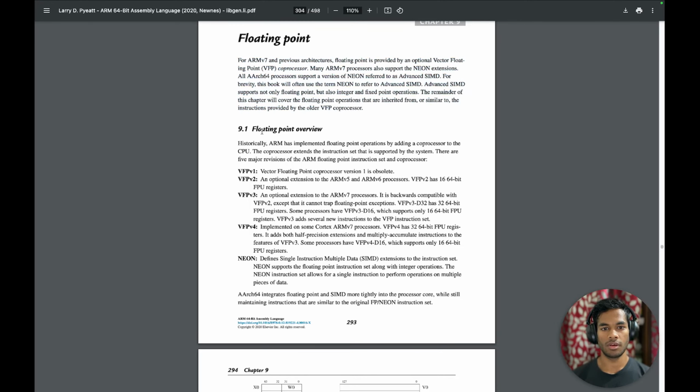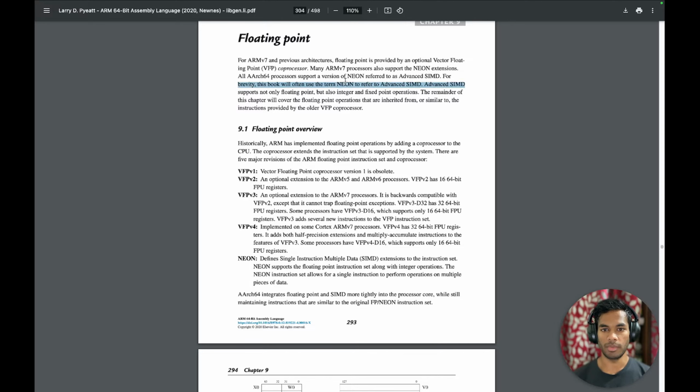First is the floating point unit, which specializes in dealing with floating point numbers, that is numbers which have a radix point at some place in them, and there is a NEON unit which implements single instruction multiple data sets. That is, it performs a single instruction on multiple pairs of data at the same time.